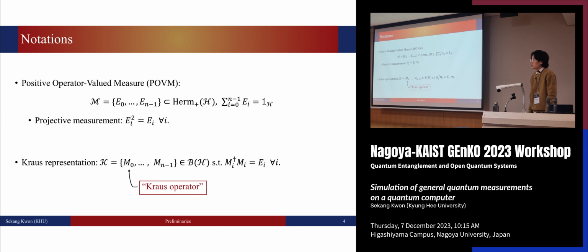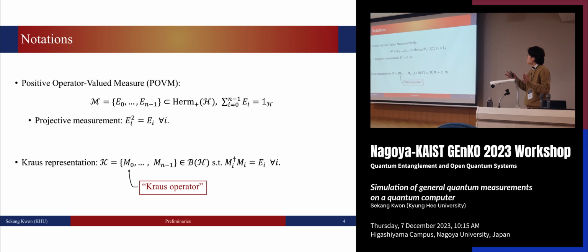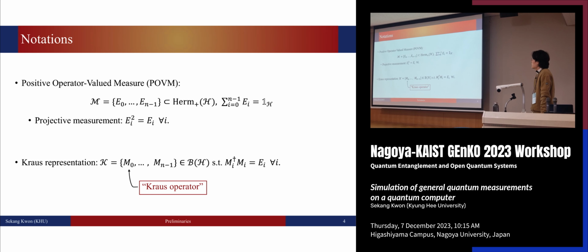As you know, a positive operator valued measure is a set of positive operators whose sum is equal to identity. And especially we call it a projective measurement if every measurement operator is a projector.